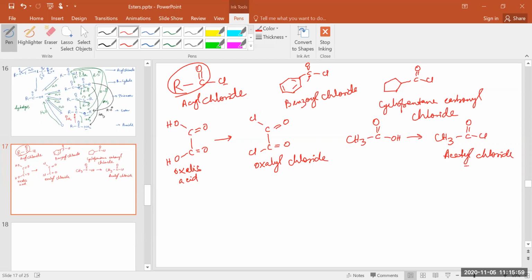So we convert that acetic acid: -ic is removed and replaced by -yl, acetyl chloride. And you guys know how we can make this one? The reagent you always see many times is thionyl chloride. If you react the acid with thionyl chloride, it will make this. This is the preparation.